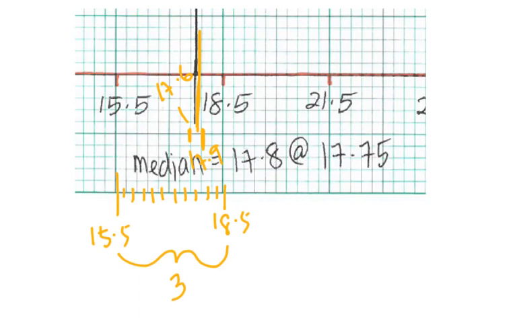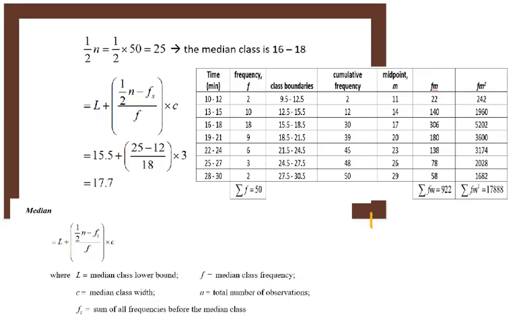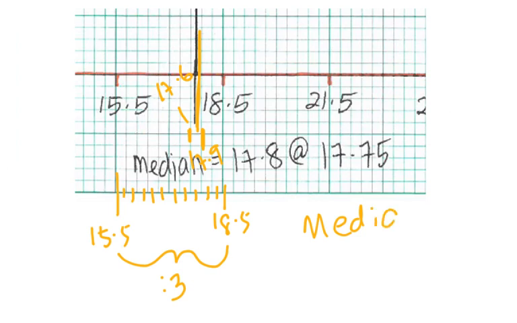So our median is in the middle of these two values. 17.6 plus 17.9 divided by 2, we will have the value 17.7. That is the value for our median when we estimate from the graph. That is the first method, using the graph estimate.